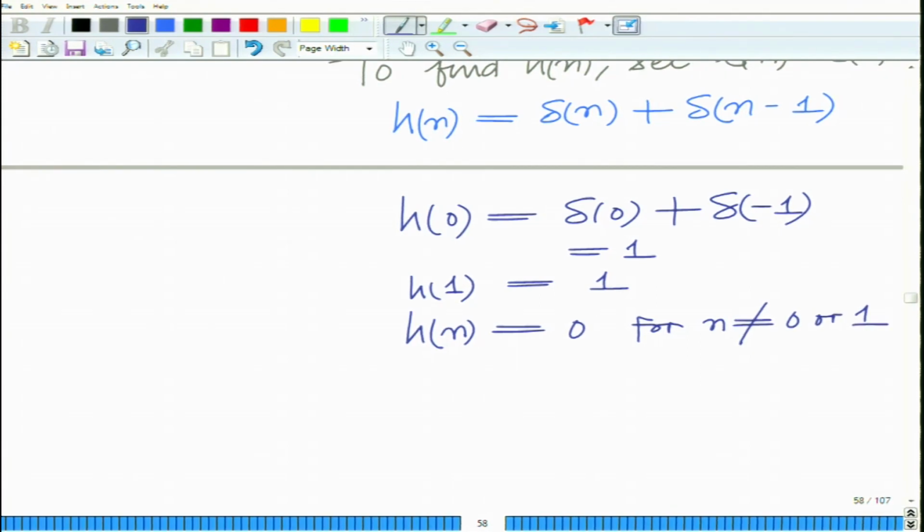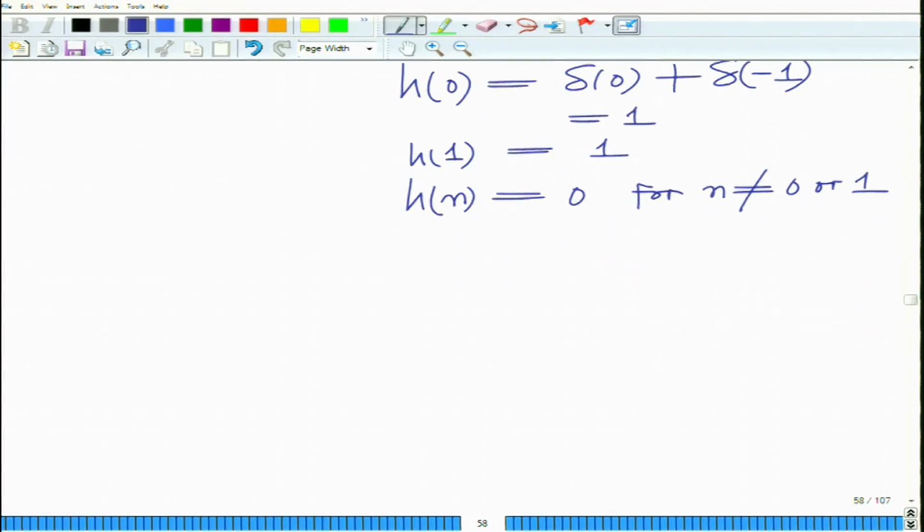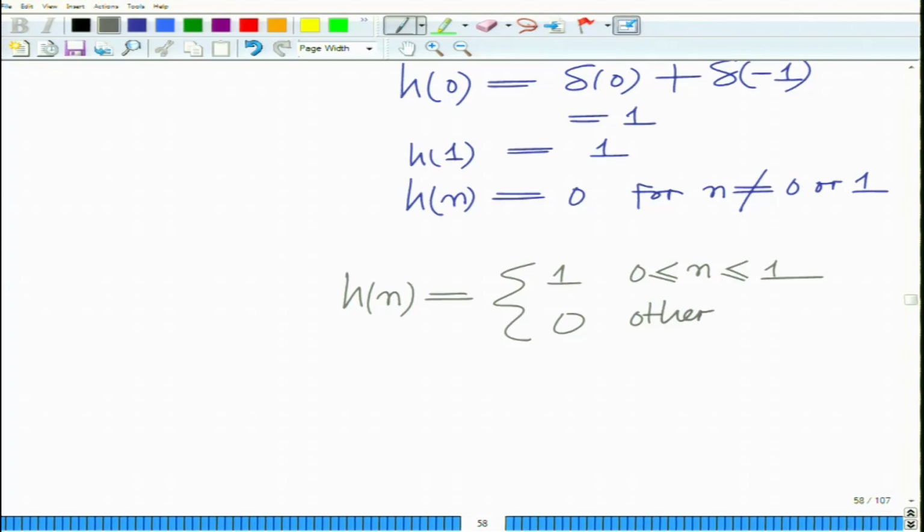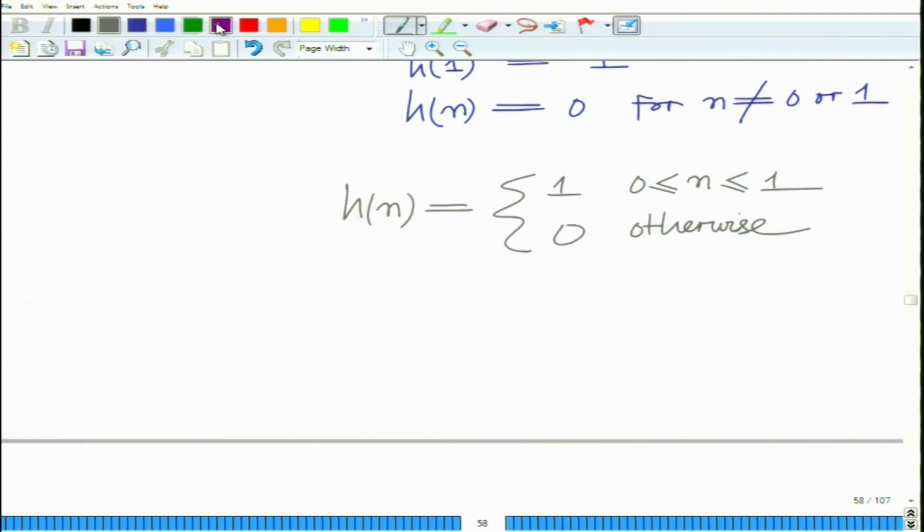So, the impulse response is very simple: for n equal to 0, h[0] is 1, for n equal to 1, h[1] is 1, and for all other n, h[n] is 0. So, h[n] equals 1 for 0 less than or equal to n less than or equal to 1, and 0 otherwise.